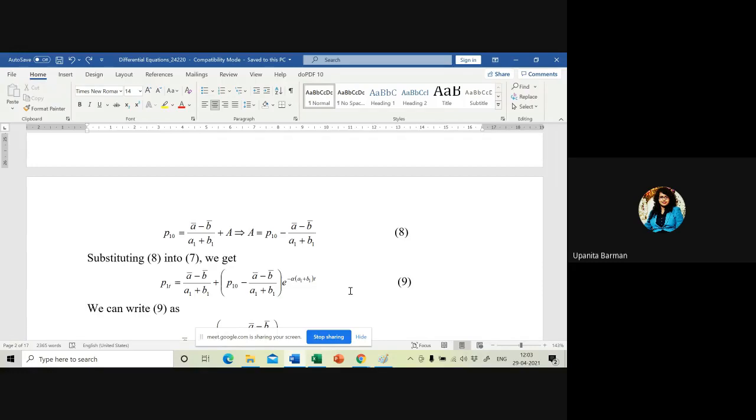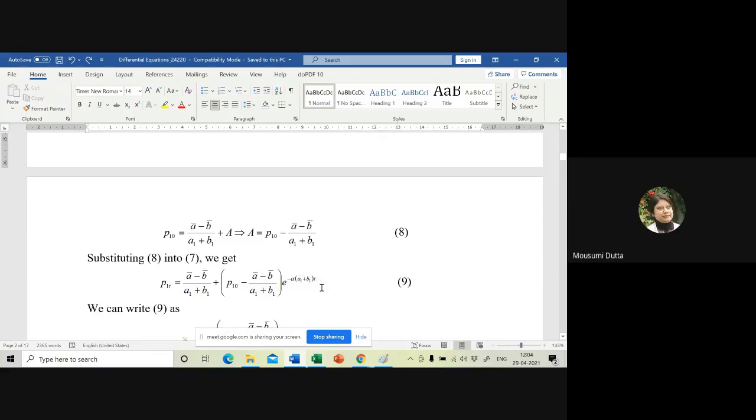Okay. Now, can anyone tell me when the second expression can move towards 0? Look here, somebody wanted to say something, yes? P1 not is tending towards A bar minus B bar by A1 plus B1. I didn't get your point.